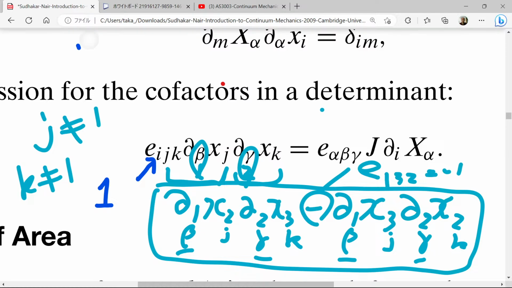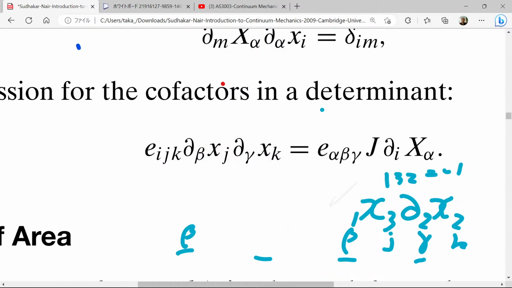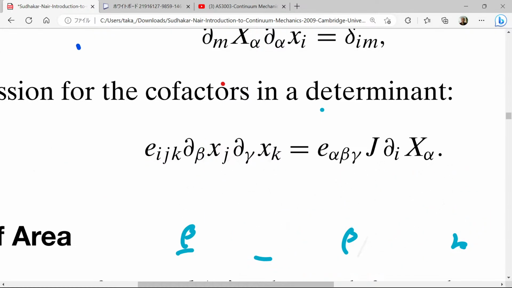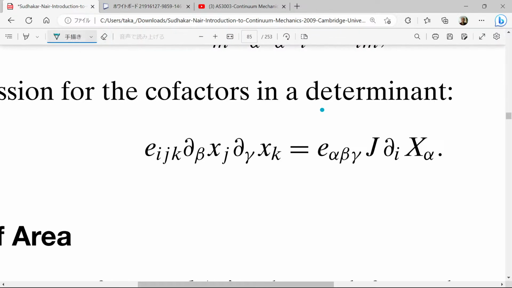So, conclusion is this is a cofactor. This should be like F I alpha.